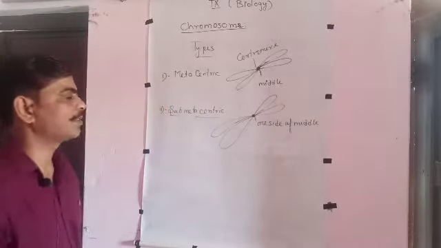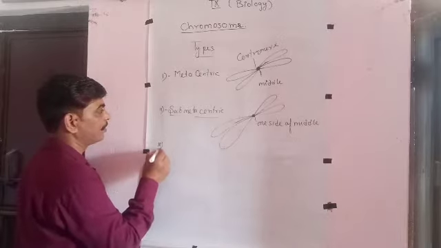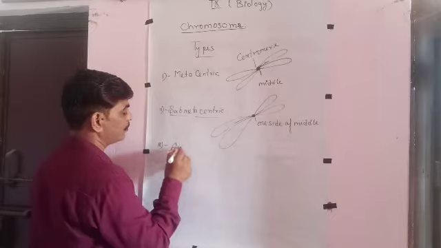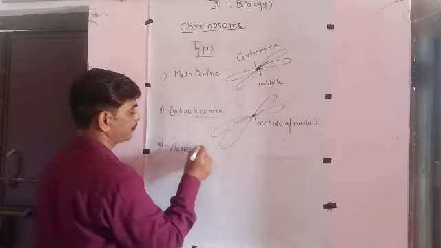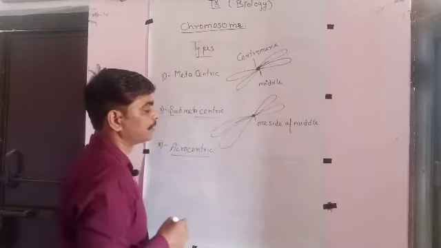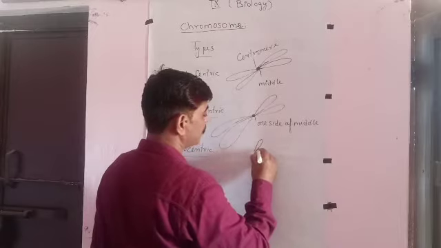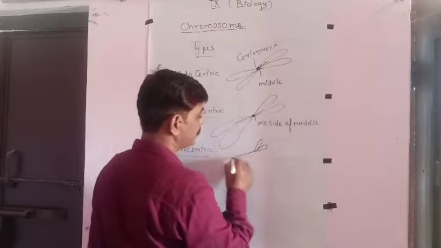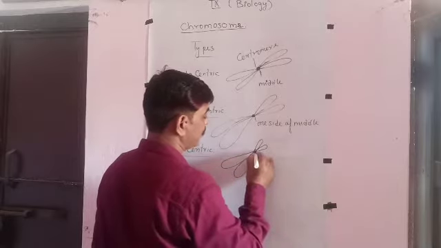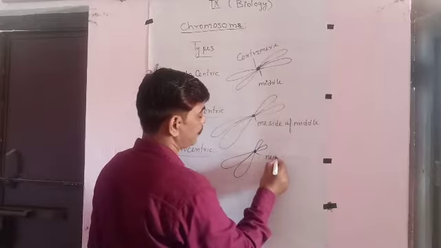One side arm is short and the other side arm is long. Third is acrocentric. This chromosome has a very short arm on one side and a very long arm on the other side. The centromere is near the end.